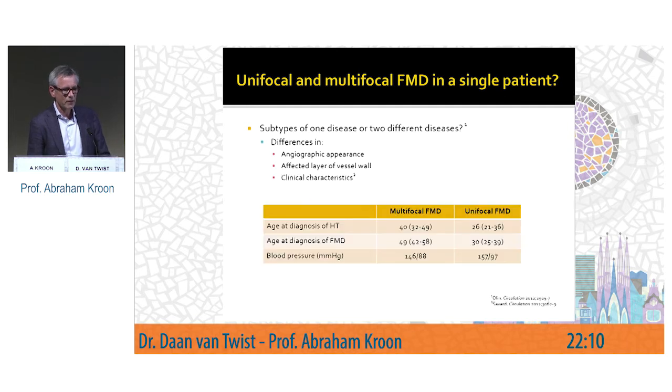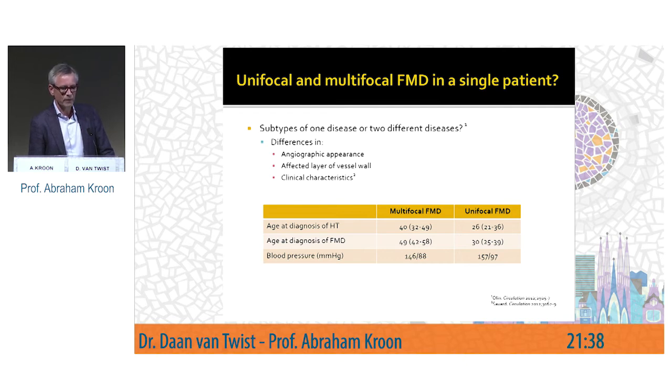And then there is another issue: the clinical characteristics between unifocal and multifocal disease are different. In multifocal disease, patients have a diagnosis of hypertension at much younger ages, and the diagnosis of familial FMD is also at younger ages, and they have much higher blood pressure, and their renal function is sometimes deteriorated.